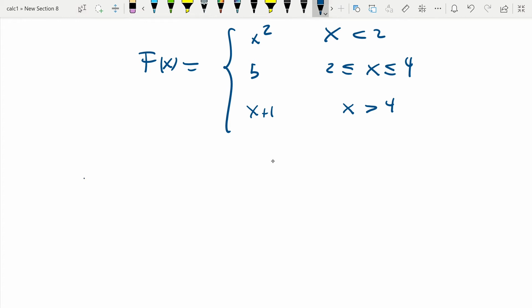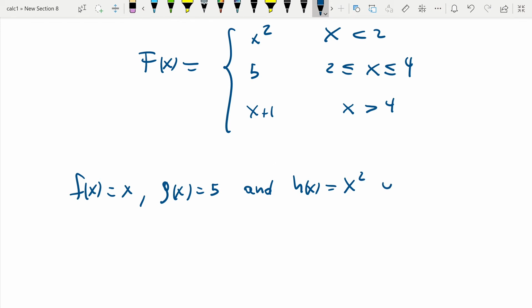So f of x equals x on the entire real line, g of x equals the constant 5, and finally h of x equals x squared, as we saw, are all continuous functions.